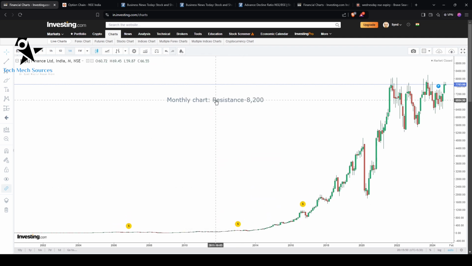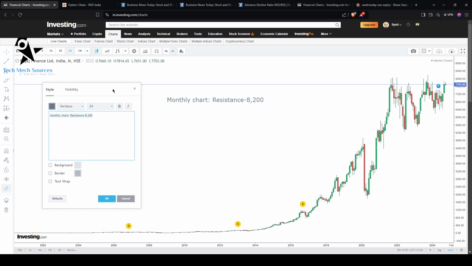Okay. Let us see the support. What about the supports? Big supports.